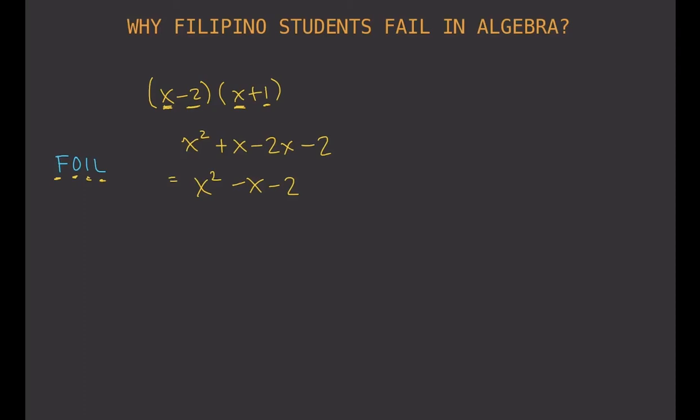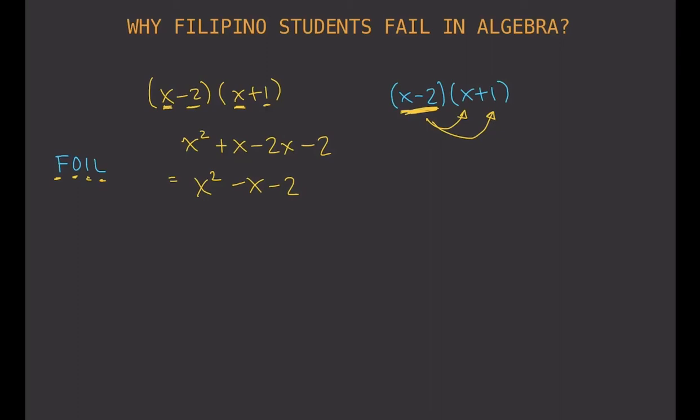So the better process that should be done for these kinds of problems is to use what we call the distributive property, right? So let me write that again. What you do with the distributive property is you distribute this factor over to the terms in your second factor.